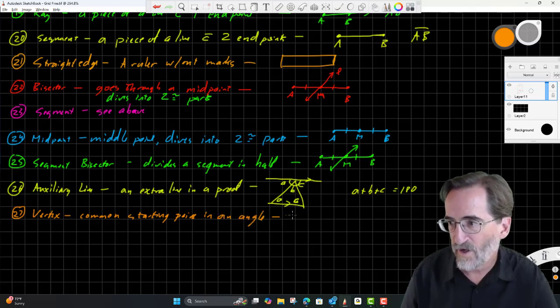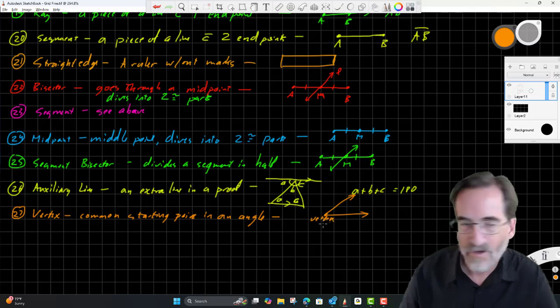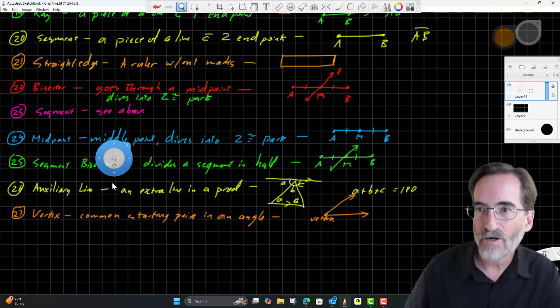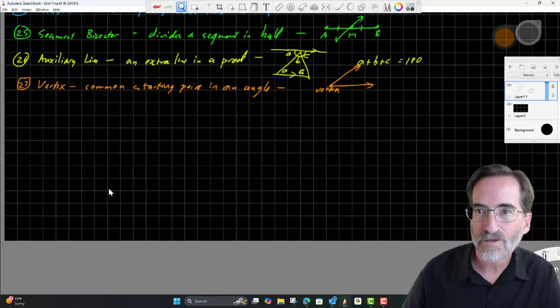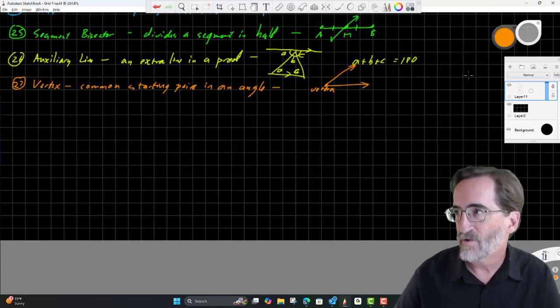Remember, we defined an angle as a ray and another ray that share a common starting point. That's the vertex. Angle bisector. Let's go up a little bit again. We're getting close. Oh, we're running out of room. See if we can make it fit.